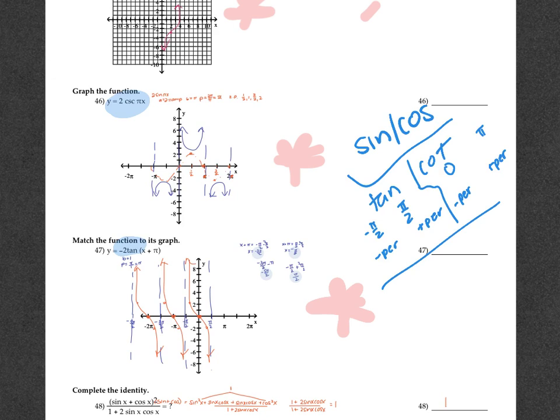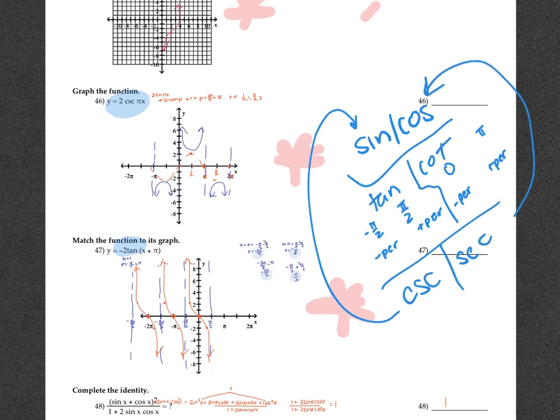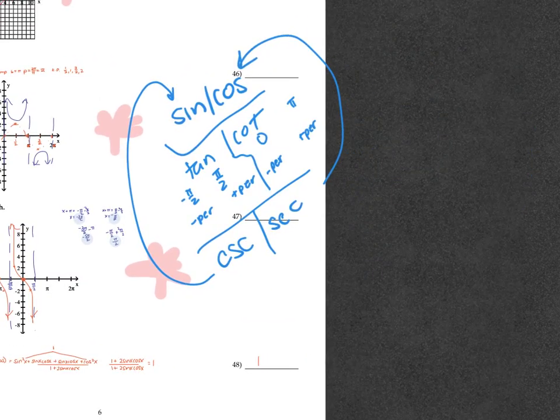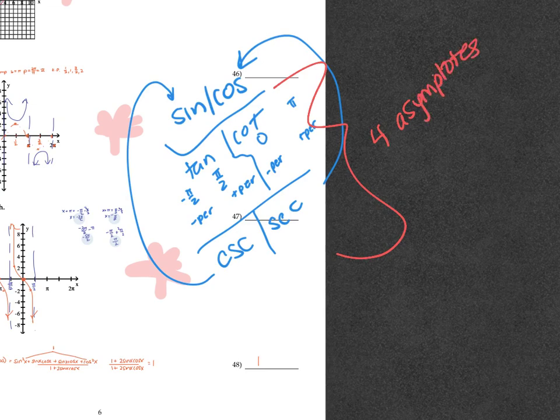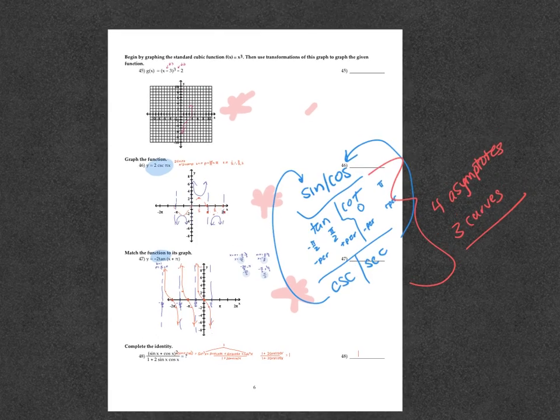And then the last ones were cosecant, which you're going to graph sine, and then do your asymptotes. Secant, you're going to graph cosine, and then do your asymptotes. For these, you need 4 asymptotes and 3 curves. Yep, for 42 through 43 through 45.